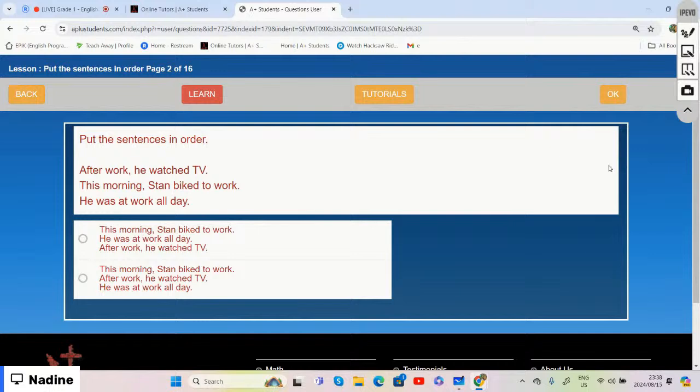So we say after work he watched TV. This morning Stan biked to work. He was at work all day. So we need to put these sentences in order.